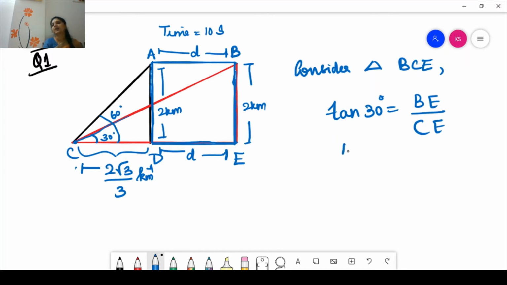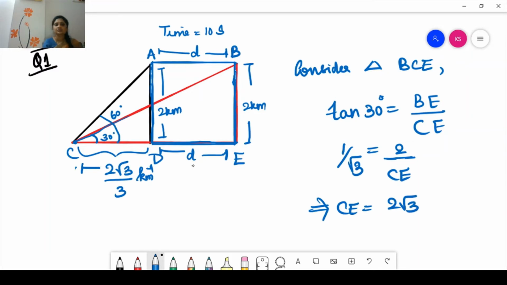So tan 30 is nothing but 1 by root 3, that is equal to BE by CE. So from this, BE we know is 2 kilometers. We have already marked it. So let's substitute the value of BE to be 2. So from here we can find CE, that's equal to 2 root 3. So we can mark CE as 2 root 3 kilometers, right?